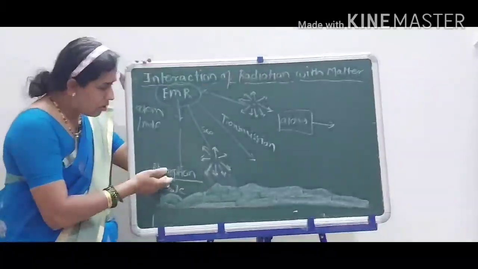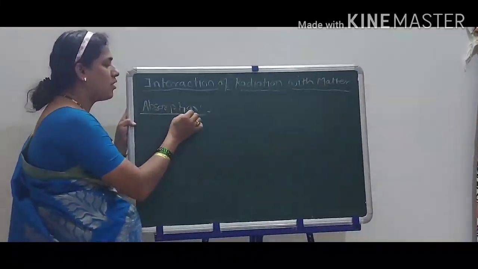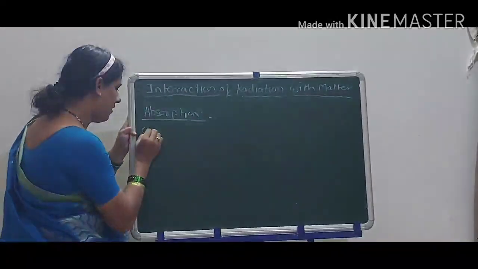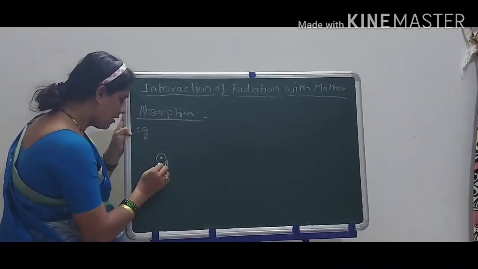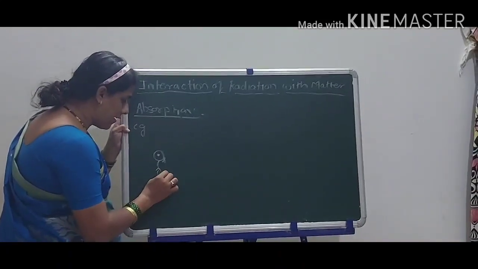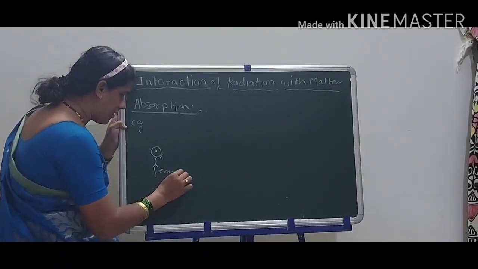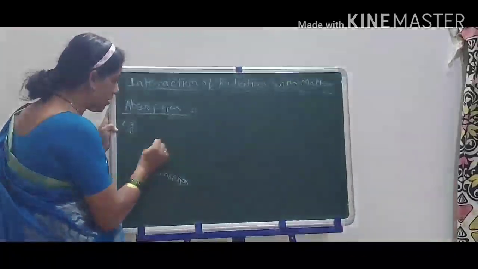Now first of all, we will see the meaning of the absorption. For example, suppose this is an atom. When this atom absorbs electromagnetic radiation, at that time what happens?